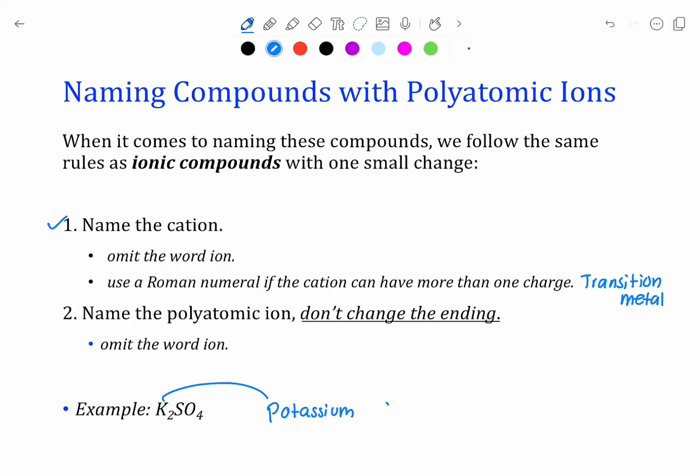So this would be potassium sulfate. Okay, and just like with our ionic compounds, we don't need to put any prefixes or anything like that, because if we know the name, we then know the charge from either the periodic table or now from our chart of polyatomic ions. So we know all of that information. So no use of prefixes here, because this is ionic bonding.